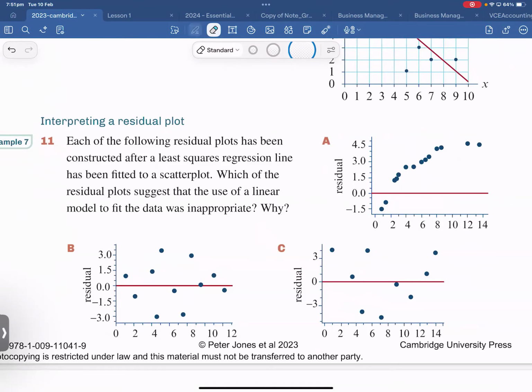Here we can see the clear curvy pattern, which shows the relationship between these two variables may not be linear. Maha, what did you write for this? Option A, where you had to explain why. Yes, curvy shape. So as a result, we can see a clear pattern, which suggests that it doesn't have a linear pattern.